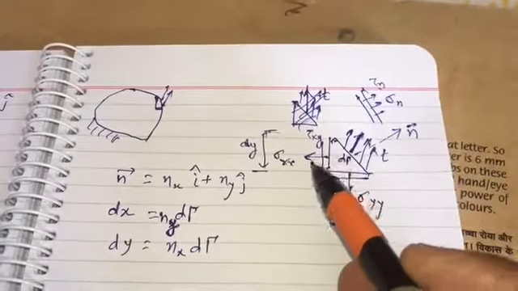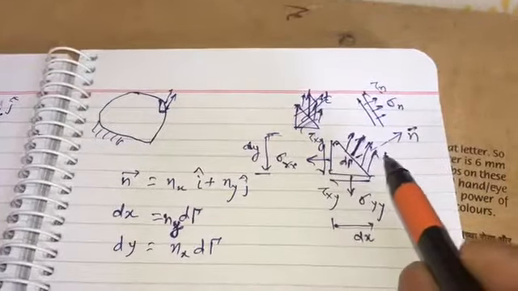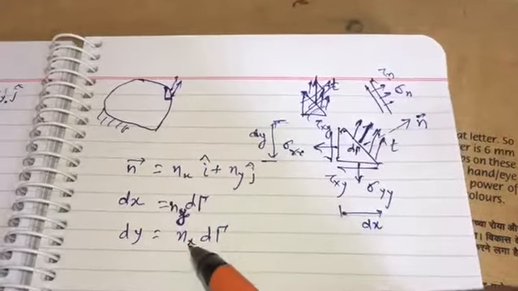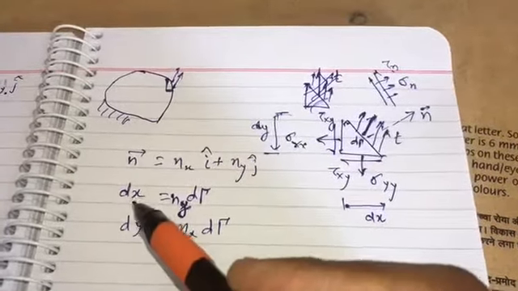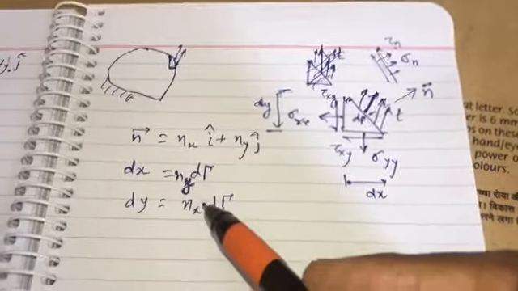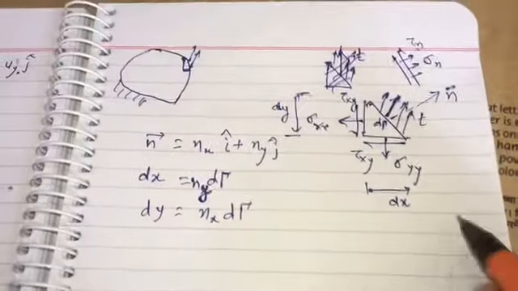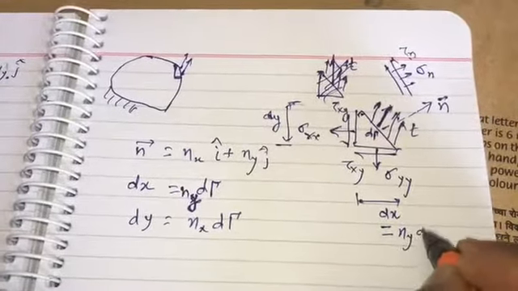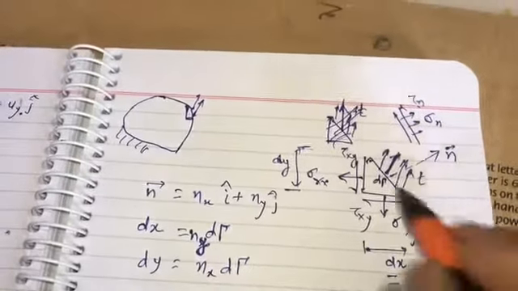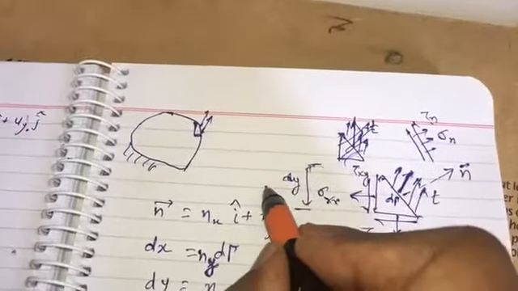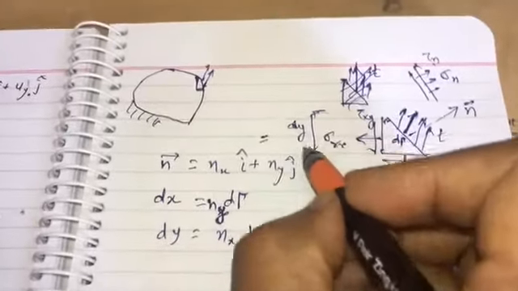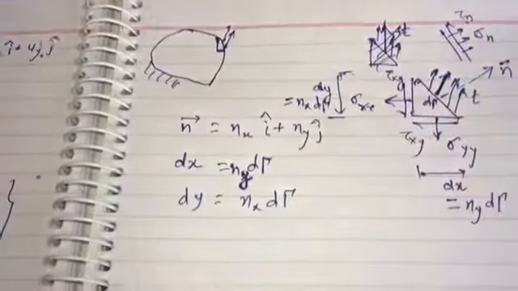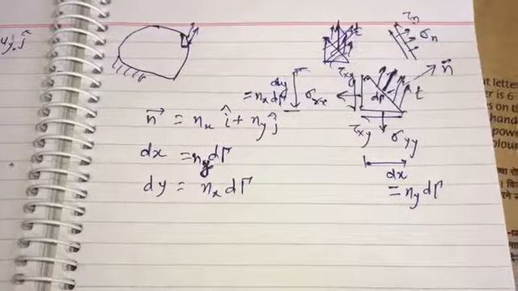Hence d gamma multiplied by nx should be dy, and d gamma multiplied by ny should be dx. So dx equals ny d gamma, and dy equals nx d gamma. Okay, so this relationship we have.